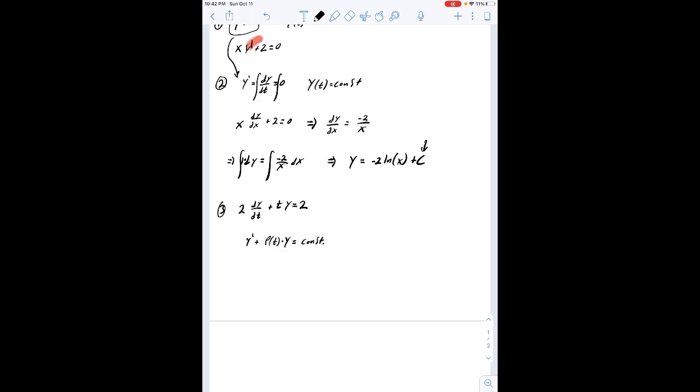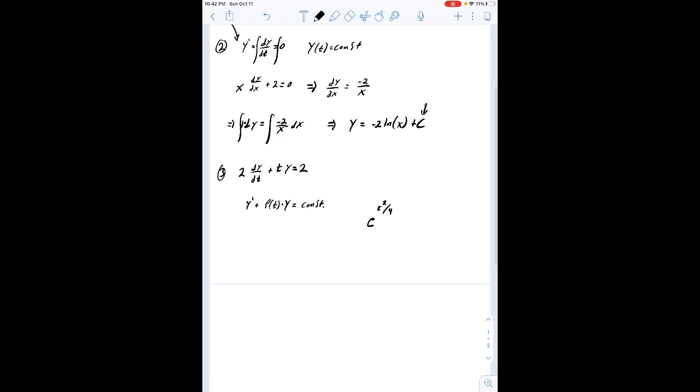And this is a well-known form of first order differential equations, which we solve via the integrating factor method. I'll be going over this in a future video, but just believe me right now. And we'll use the integrating factor being e to the t squared over 4.